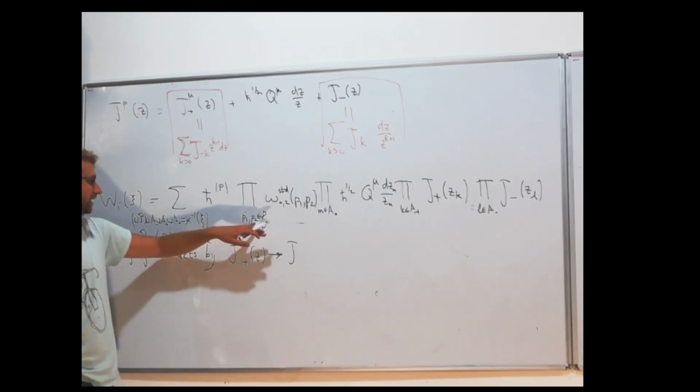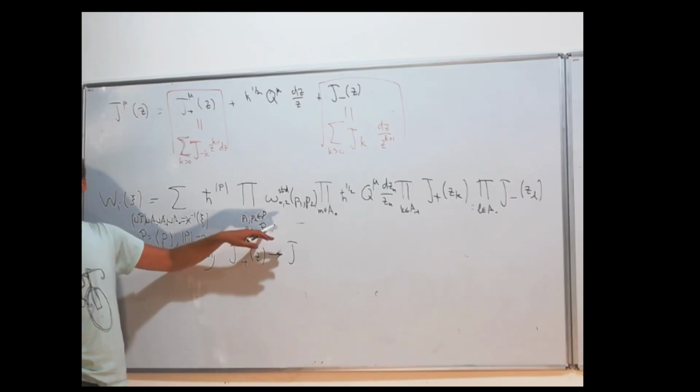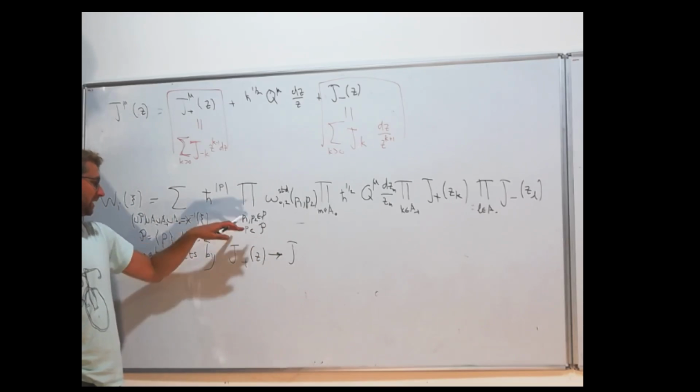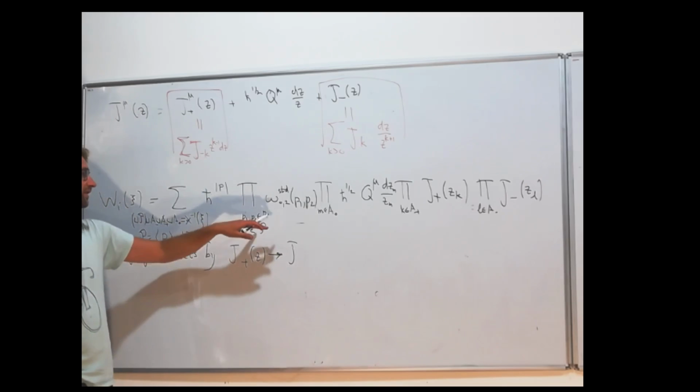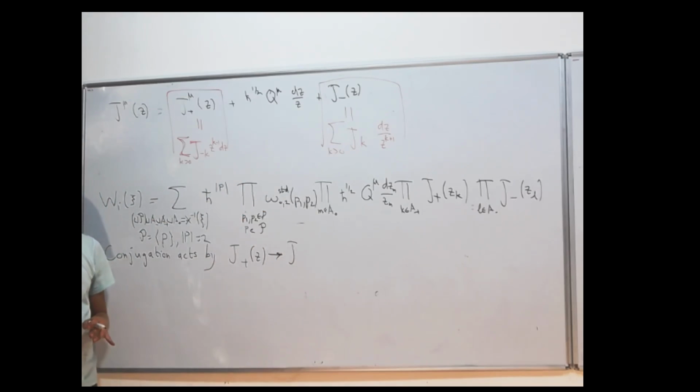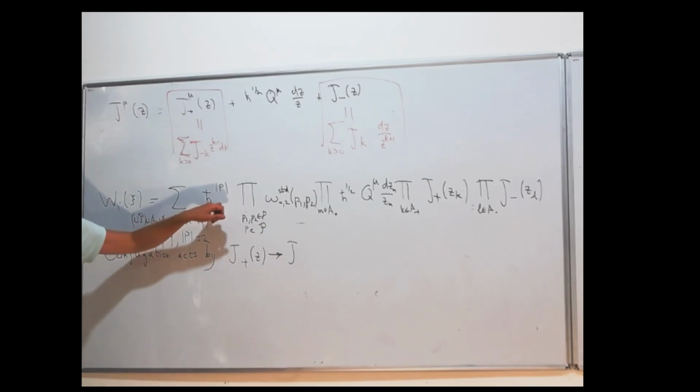And for each P in curly P, we put the 2 elements of P as the arguments in omega 0, 2. So for each omega 0, 2, we get one h bar.